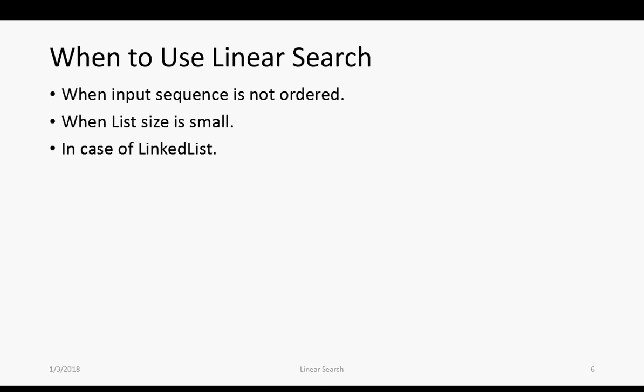Hence, it's a bad idea to use binary search, while here is the best case for linear search, where you're going to sequentially search every node, and move to the next node, and the next node, searching for an element.